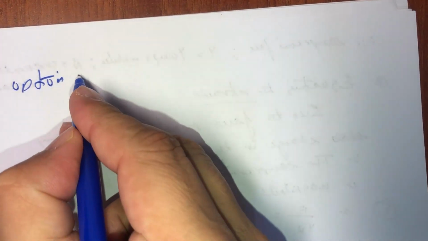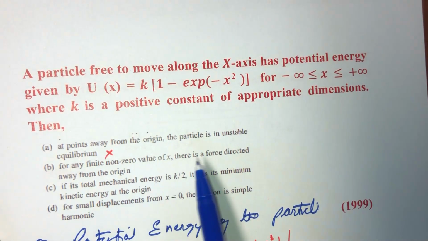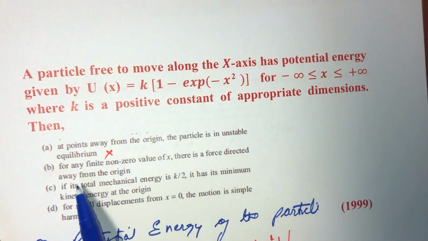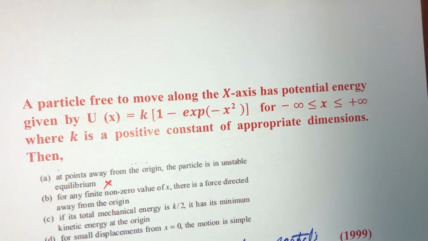Now let us go to option B. In option B, it is asked whether for any finite non-zero value of x, there is a force directed away from the origin. So we are going to take a non-zero value of x and try to find the direction of the force, whether it is towards the origin or away from the origin.